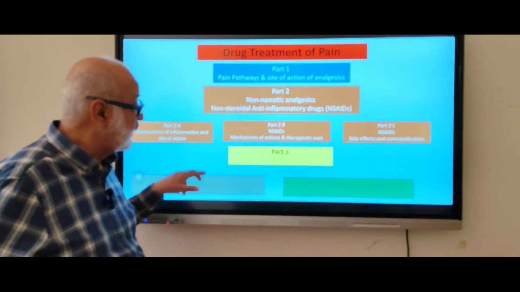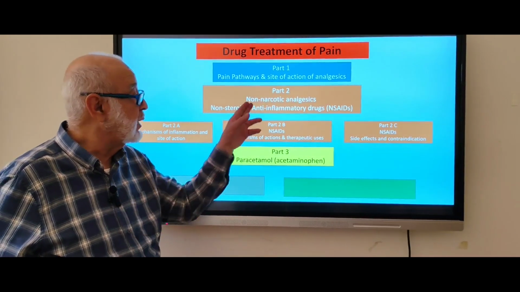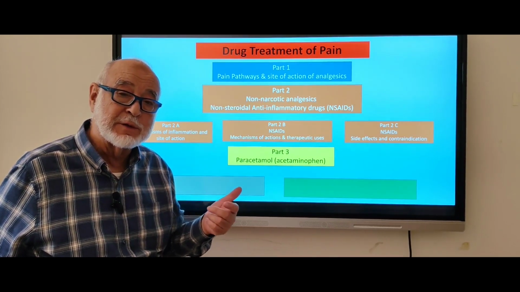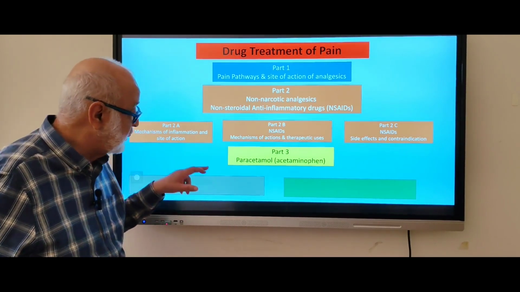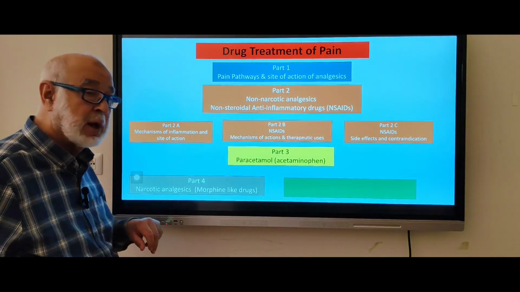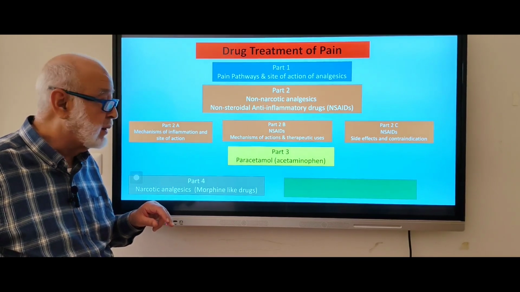Then we'll have a lecture about paracetamol, which is different from the non-steroidal anti-inflammatory drugs, in that it has only analgesic and antipyretic effects. This will be followed by the other group of analgesics, which are the narcotic analgesics, known as morphine-like drugs.